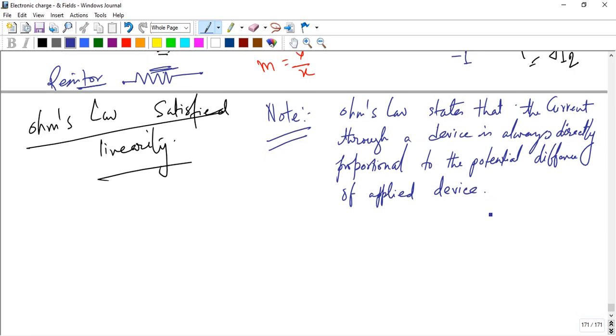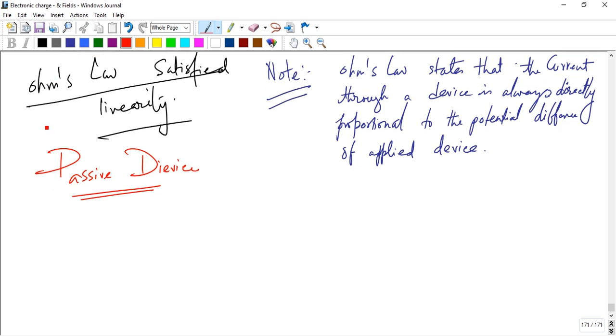That device has another name, passive device. Devices that obey Ohm's law are called passive devices. Another kind of device does not follow the linearity property, like a PN junction semiconductor device.